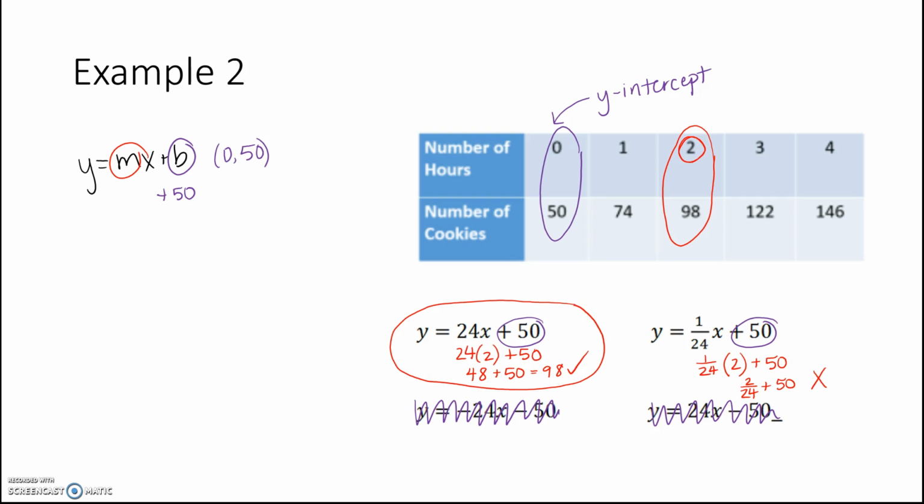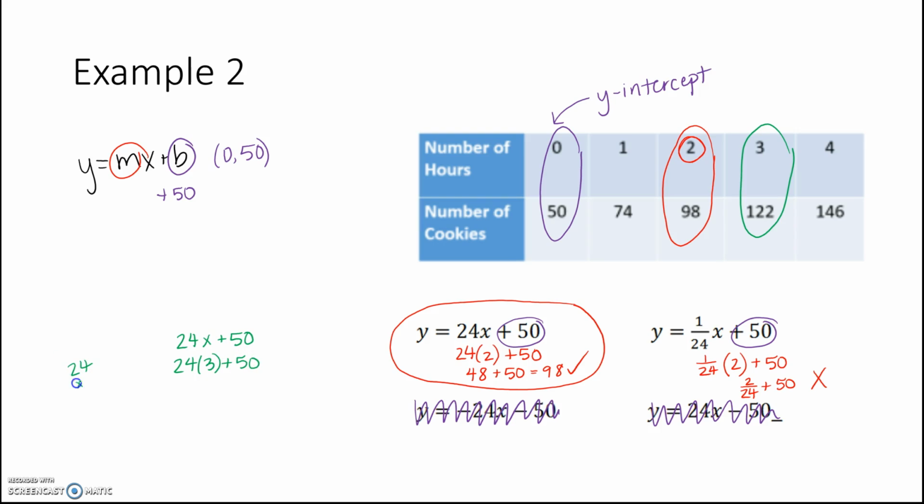Okay, and if we needed to double check a second point, I could choose another point. Let's say I want to choose 3. I can plug 3 in. So 24x plus 50. Going to plug in 3. 24 times 3 plus 50.